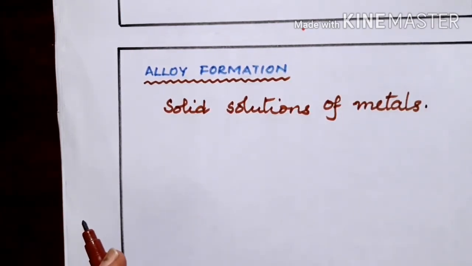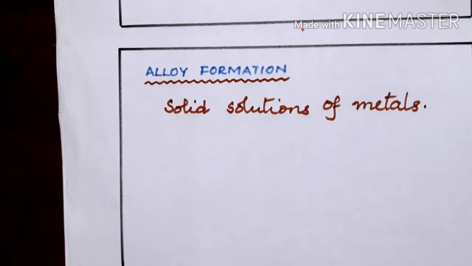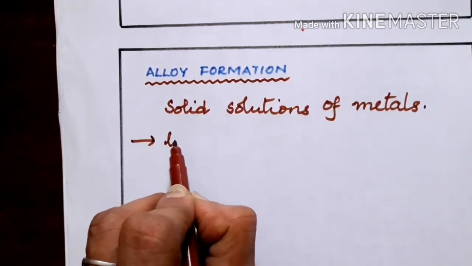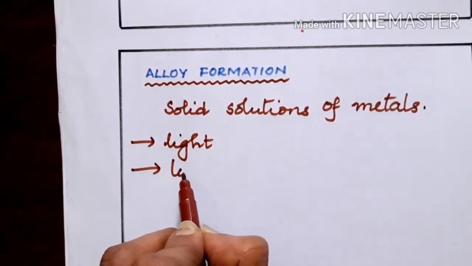The metals which have similar sizes get mixed with each other, such that one is melted and the other one is mixed in that, and the amount should be around 15% of the first one. The compounds that are formed are called alloys, which are lightweight and very tough in nature.